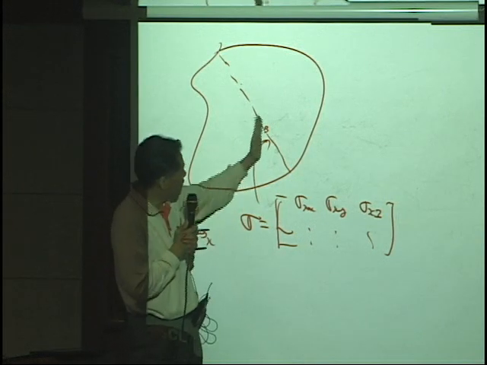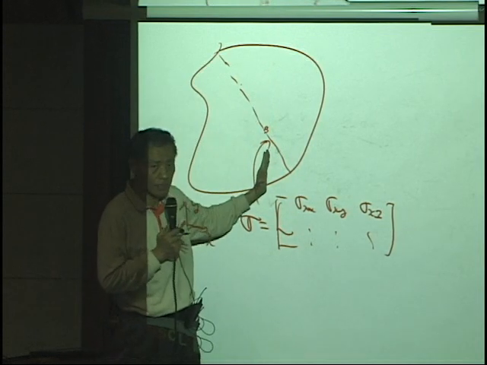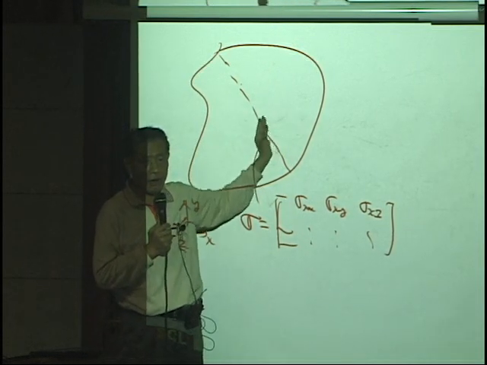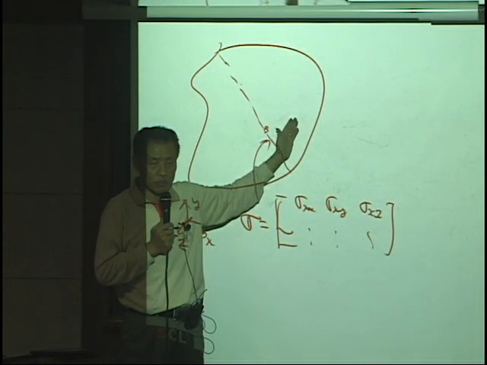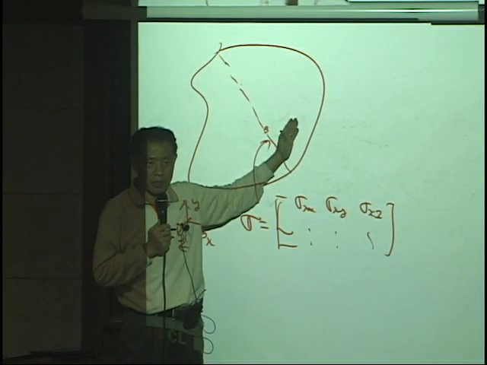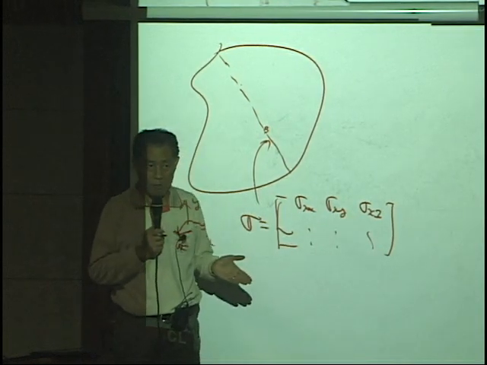Let me ask, if this plane happen to be vertical, happen to be this axis, then what kind of distributed forces will appear? This, right? Simply.